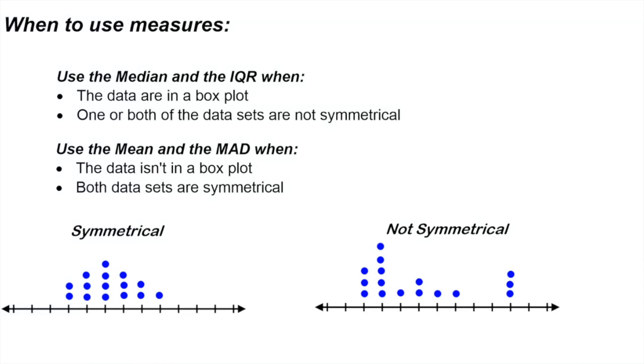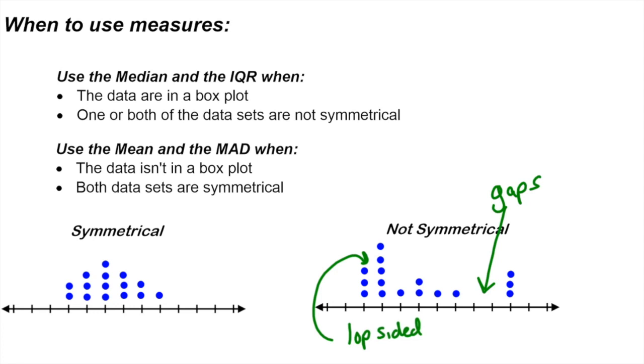And then on the right, I've got an example of a data set that is not symmetrical, so that you can see that it's kind of lopsided over here. Most of our data are clumped over here, or when you see gaps in the data set as well. This would be a non-symmetrical data set. So when you have that, you would typically want to use the median and the IQR.